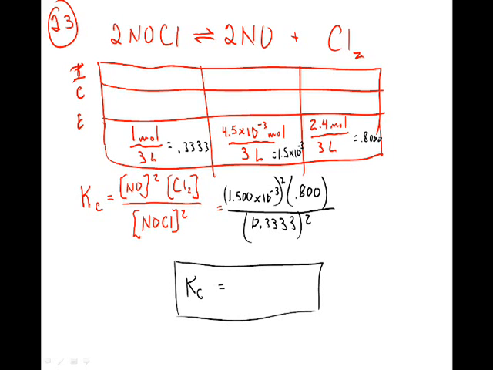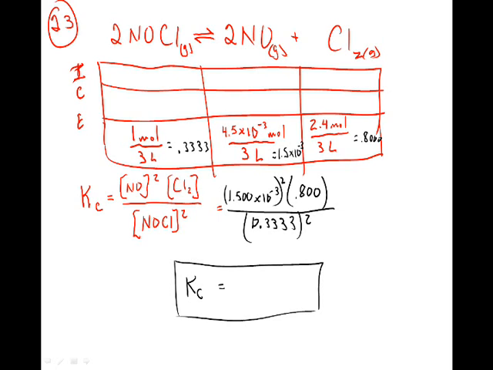Number 23. The only new and tricky thing here in number 23 is, remember, we're working with calculations. Of course, also don't forget that once again, these are all gases. They're all in the same phase. They're all in the gas phase.